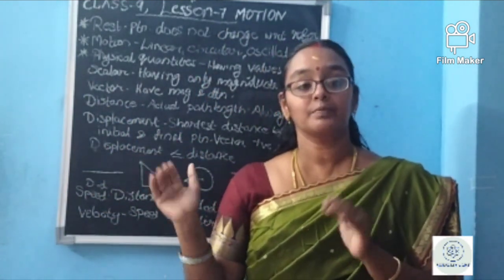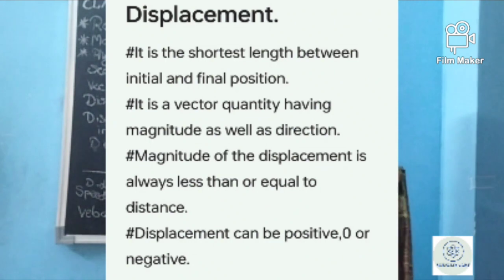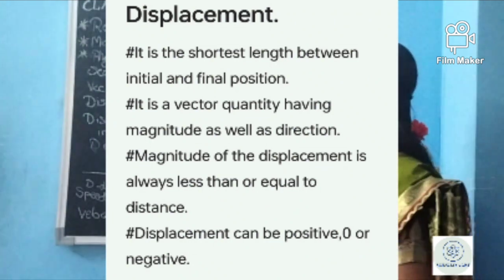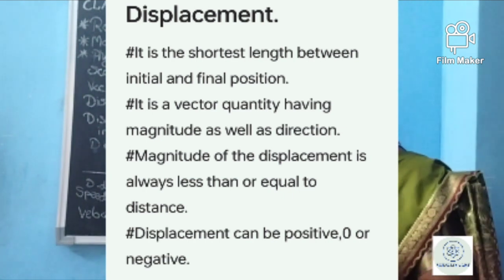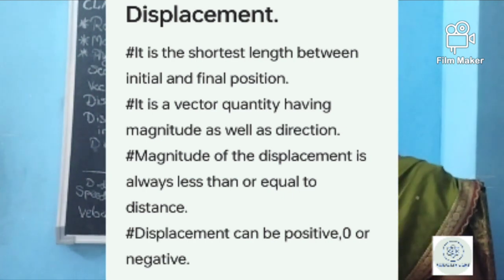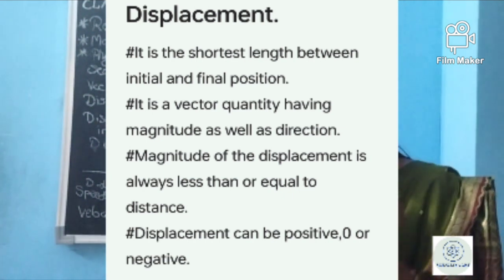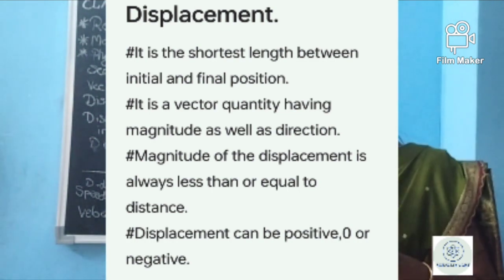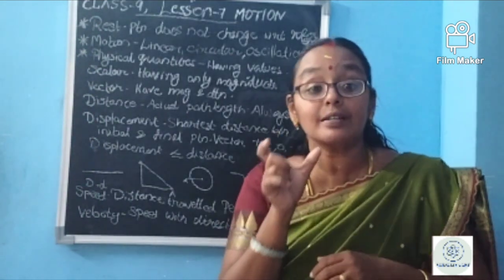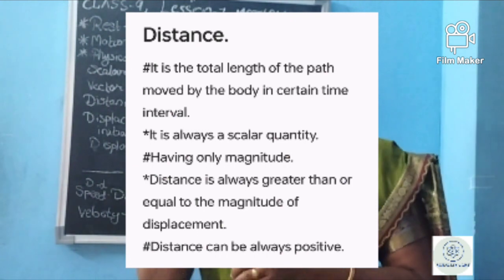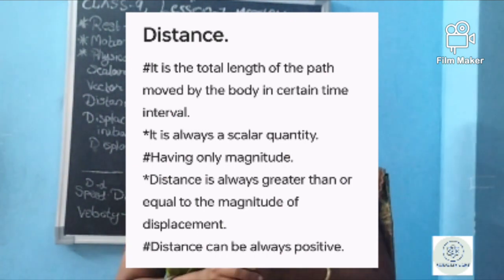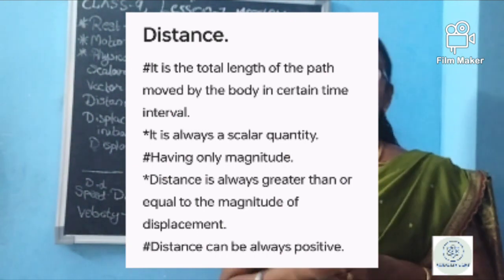Displacement is the shortest distance from the initial position to the final position. Okay. Shortest distance, by which distance it can be reached quickly. Shortest distance is what, ma? Displacement. It is a vector quantity while distance is a scalar quantity.